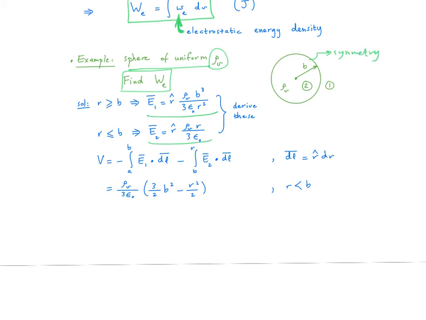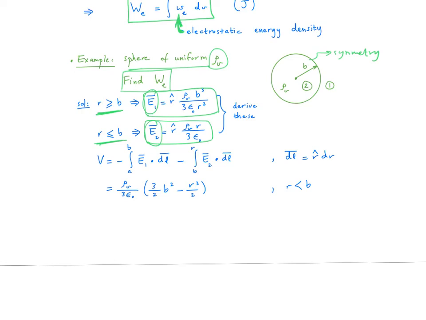It's a simple sphere with a uniform rho v. Notice that we're looking first at the electric field when we're inside of the sphere, and we get this expression. And as we start leaving the sphere, then the enclosed charge is only that that's produced by the sphere. Okay, so we found our electric field everywhere.